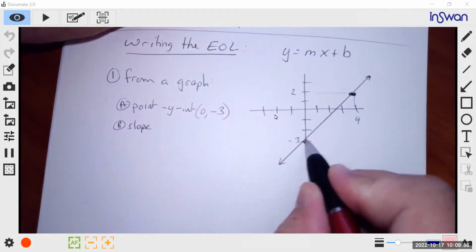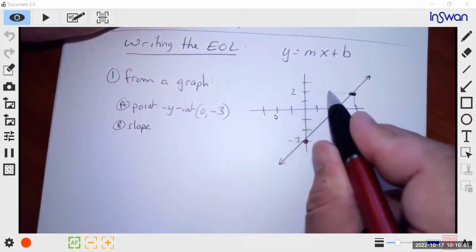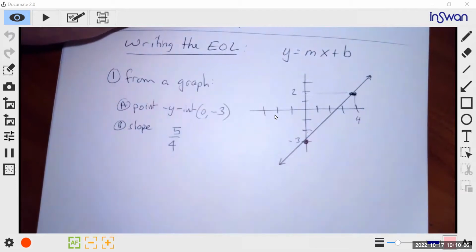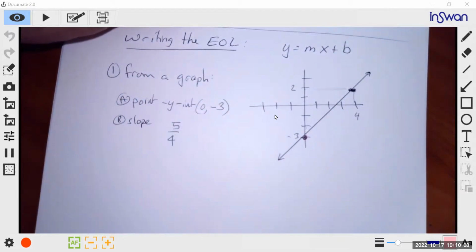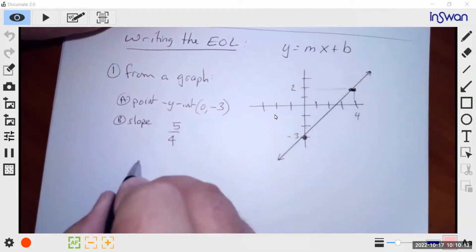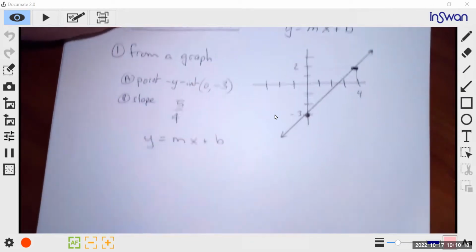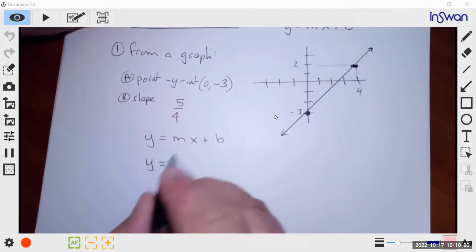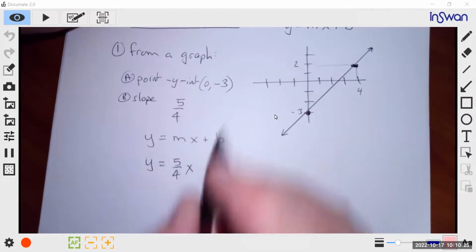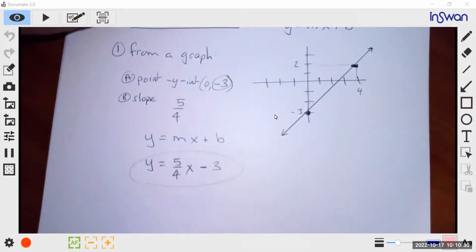From this point, how do I go to this point? 1, 2, 3, 4, 5. 1, 2, 3, 4. It's 5/4. Always go from your y-intercept, your first point, to the next point. So your equation: the slope is 5/4 x, and the y-intercept is -3. There's your equation.